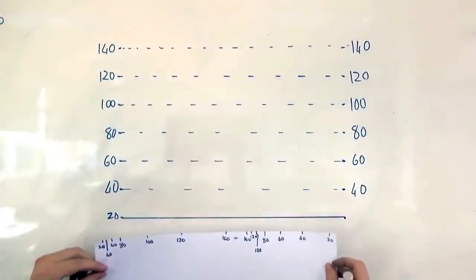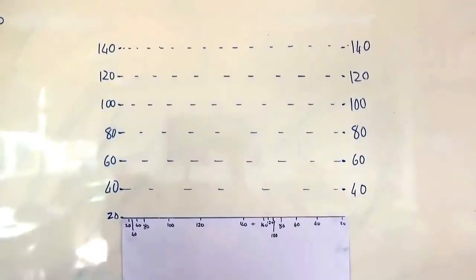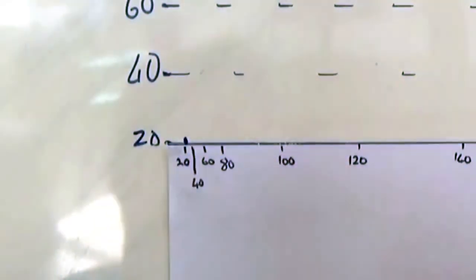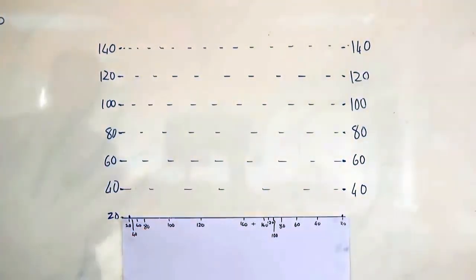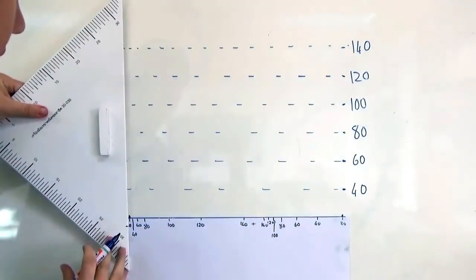Okay, step number 2. Now once again, it's very important not to let your paper slip. And here we have 20, so you just make a little marker there. Same on the other side. I just want to make 100% sure that I'm working accurately.